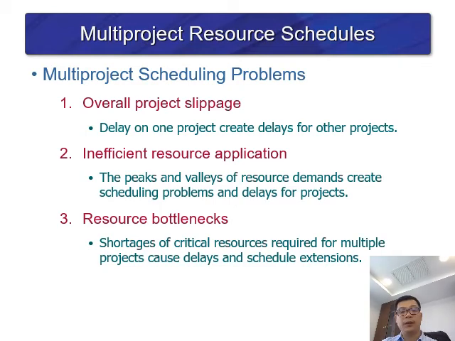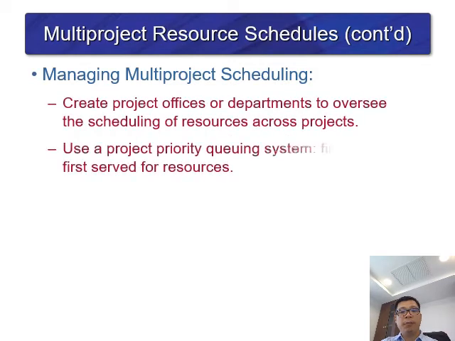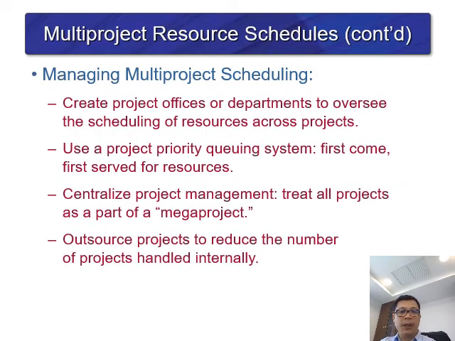To manage multi-project scheduling, you can create a project office or department to oversee the scheduling of resources across projects. Use project priorities, a queuing system, first come first served for the resource, centralize the project management by mega project, and then outsource projects to reduce the number of projects handled internally.